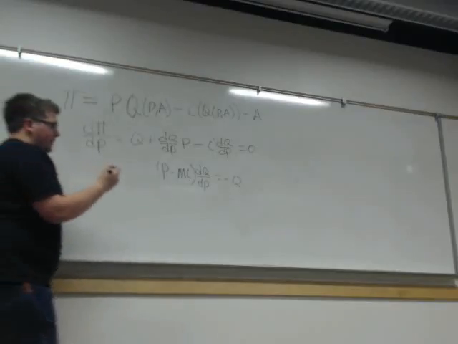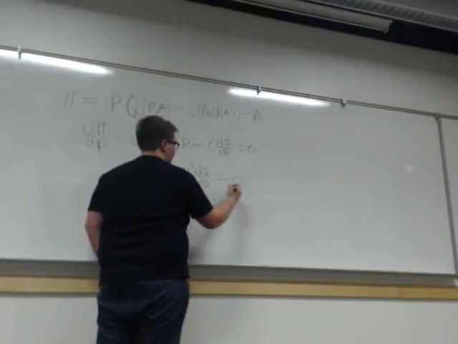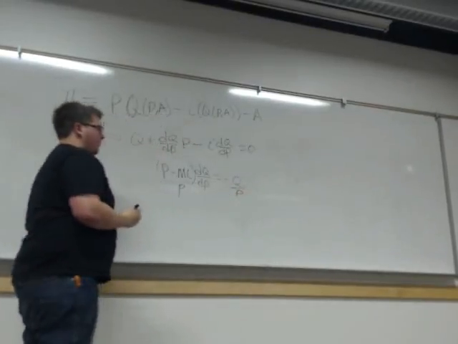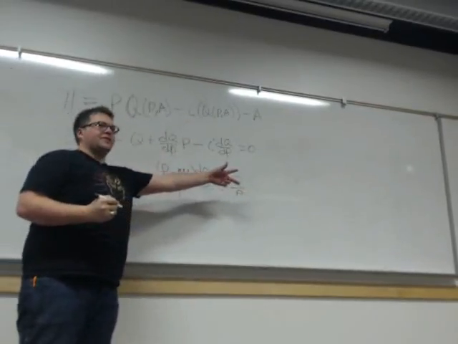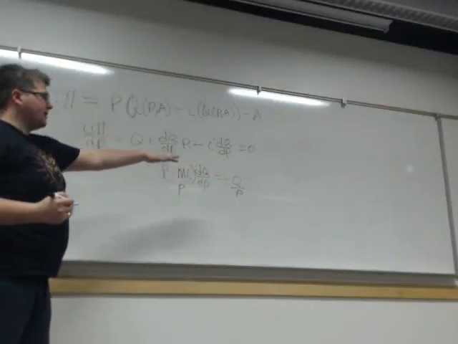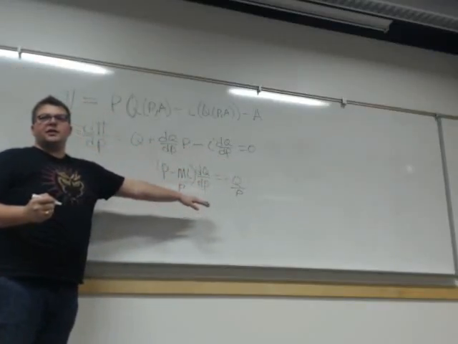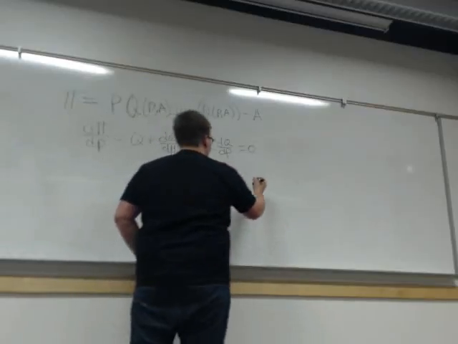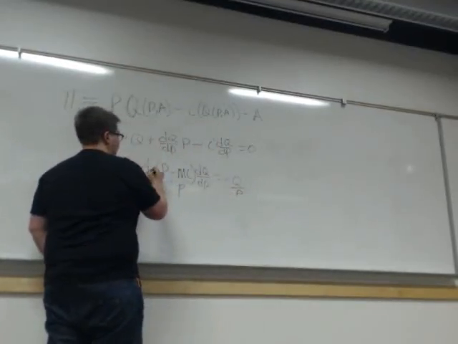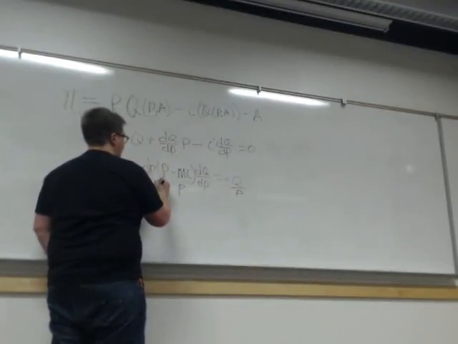Now, if we divide both sides by P, we're almost there. We just now need to flip this to the other side. So we can either divide by 1 over dq/dp, or we can just flip it, times dp/dq.